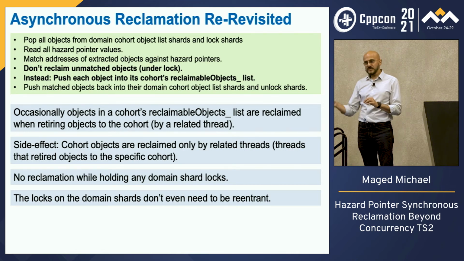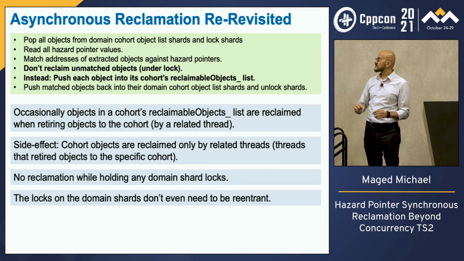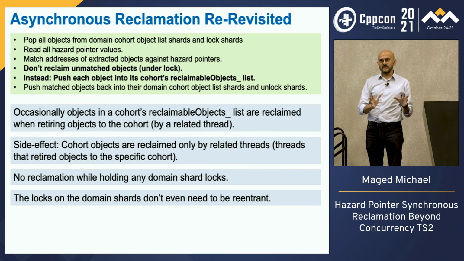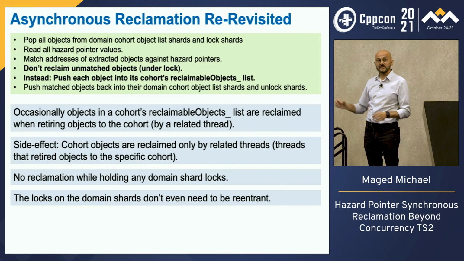Instead, we push each object into its corresponding cohort's list of reclaimable objects. So asynchronous reclamation becomes not responsible for actually deleting the object, but just passing it on to the corresponding cohort.